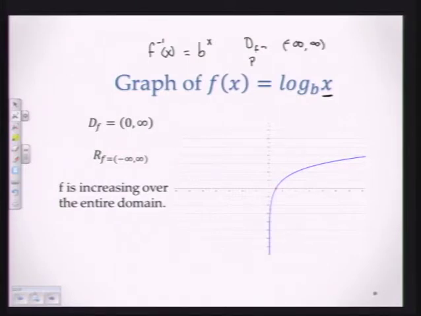And the range of that inverse function was 0 to infinity. Notice that in our inverse of b to the x, the domain and ranges are switched, which again is switching x and y. That's what inverse functions do.